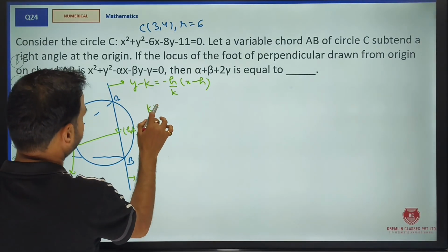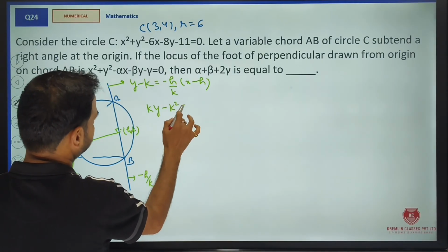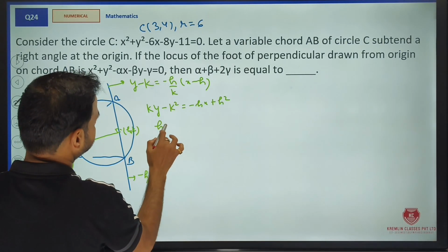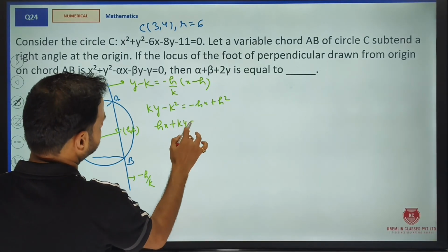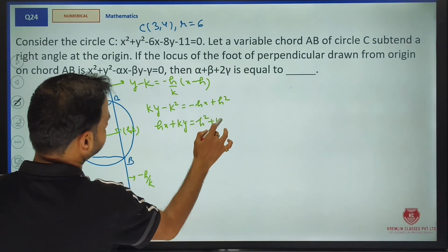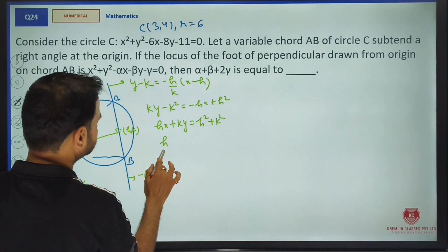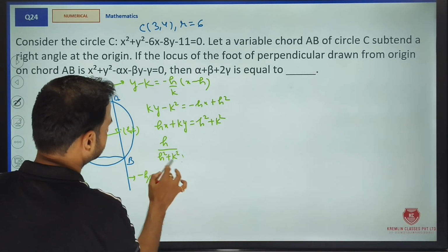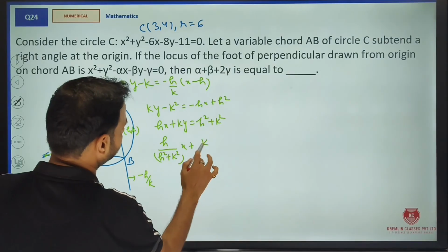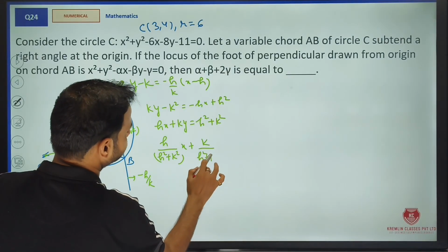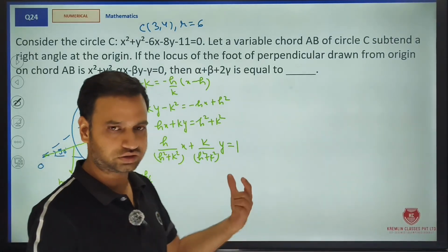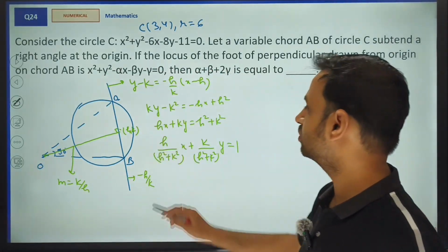So this should be ky minus k square equal to minus hx plus h square. So this is hx plus ky equal to h square plus k square. So h upon h square plus k square, x plus k upon h square plus k square, y equals 1. Okay, this is the equation of the chord AB.